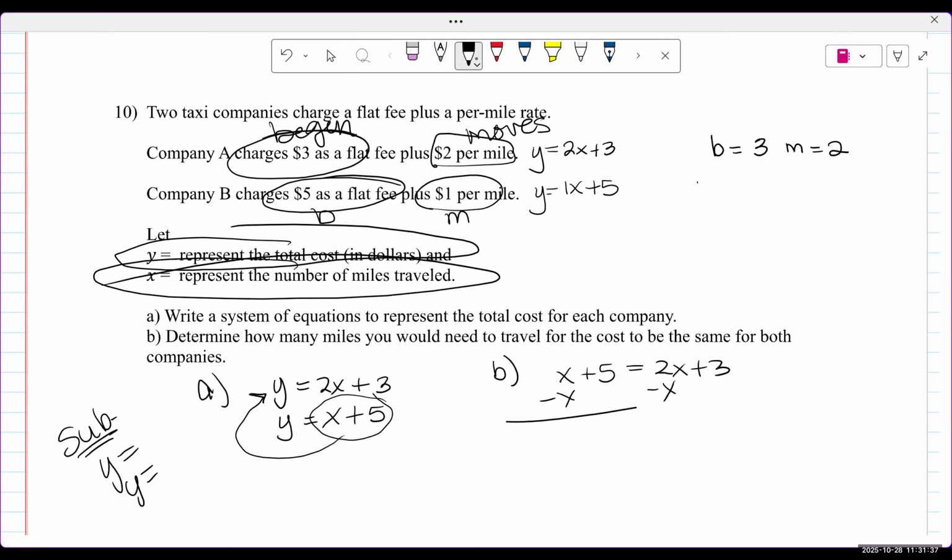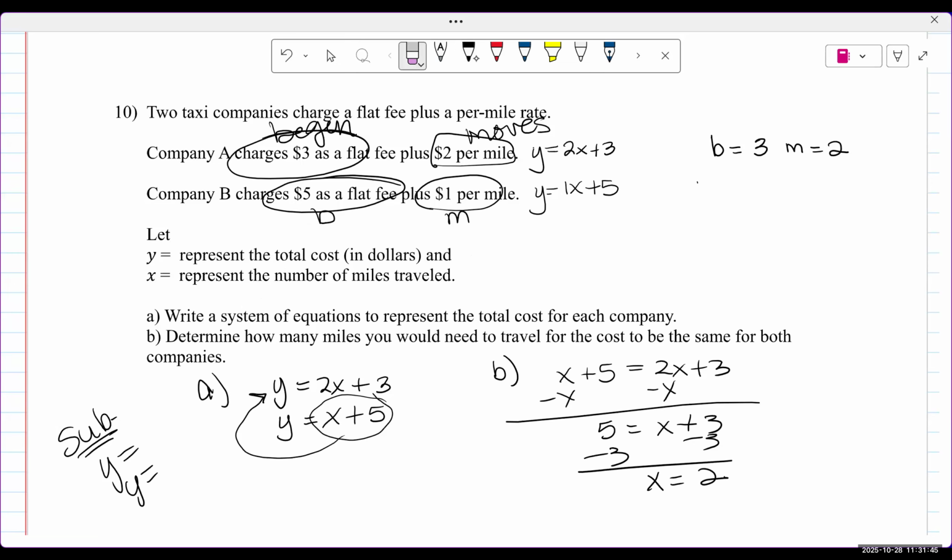Subtract x from both sides. Subtract 3. X is equal to 2. What is 2? 2 is the miles. At 2 miles, they have the same cost. Okay, so at 2 miles, what is the cost?